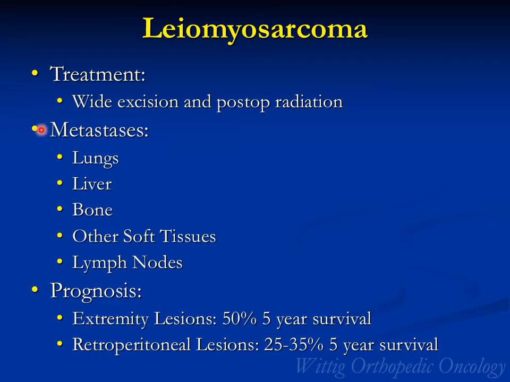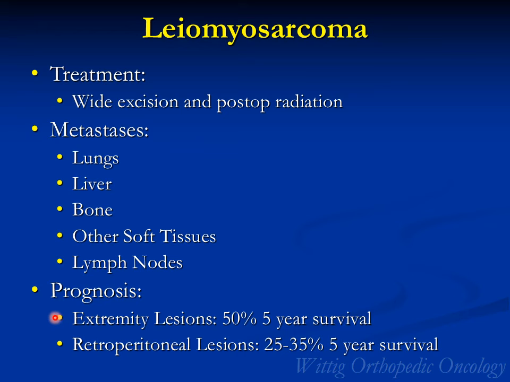Okay, the leiomyosarcomas do metastasize. They are a sarcoma, and the first site of metastasis, or the most common, is the lungs, followed by the liver, the bone. It can metastasize to other soft tissues, and rarely to the lymph nodes. The prognosis for leiomyosarcomas depends somewhat on location. Extremity lesions have a 50% 5-year survival, and these are patients who present with tumors that are non-metastatic at presentation, meaning that there's no overt metastases detected at presentation.